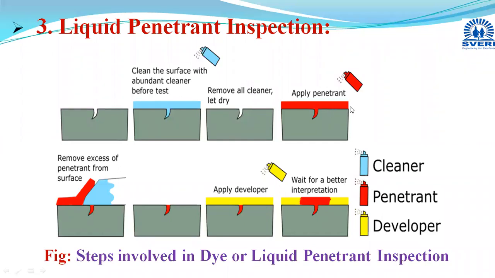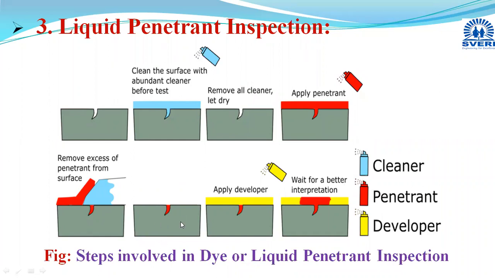This is the removal of excessive penetrant. So the first step is cleaning of the surface, the second step is application of the penetrant, and the third step is removal of excess penetrant from the surface with the help of soft and clean cotton. So this kind of surface will be obtained here.